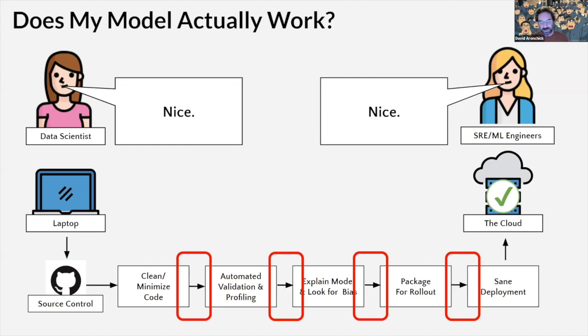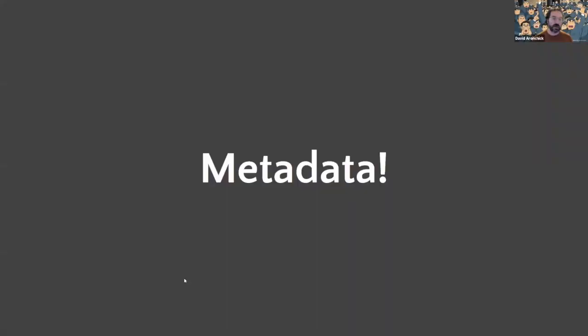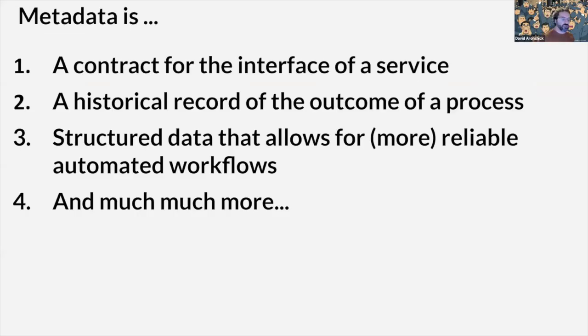So, people ask, well, you keep saying this word metadata. What is metadata? I like to point at this and say, metadata is the stuff in between. It's a contract that describes how to leave one step, what happened during that step, and then what you pass on to the next step. It's also a historical record because now you have this recorded. It's structured, so you're able to go and probe it using automated tools and steps.